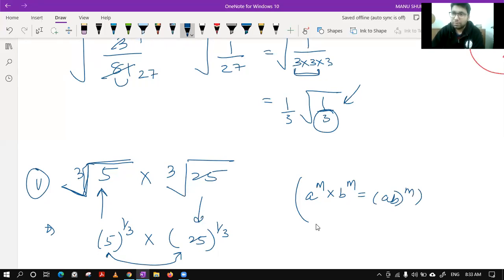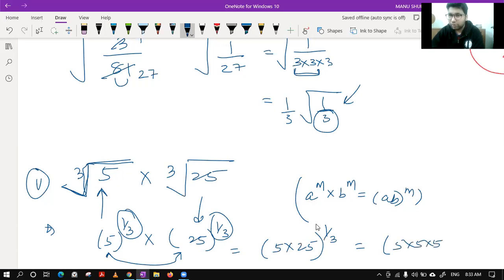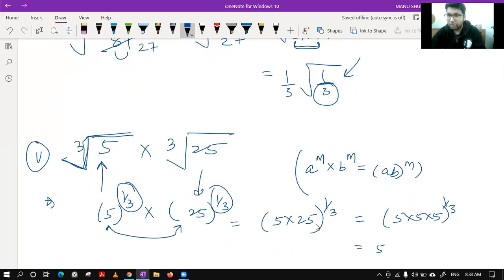That is perfectly okay to be done. So as they have same powers, the bases will multiply, and we will get 5 into 25 whole power 1 by 3, and that is equal to 5 into 5 into 5 whole power 1 by 3, and that will be equal to 5 power 3 whole power 1 by 3.